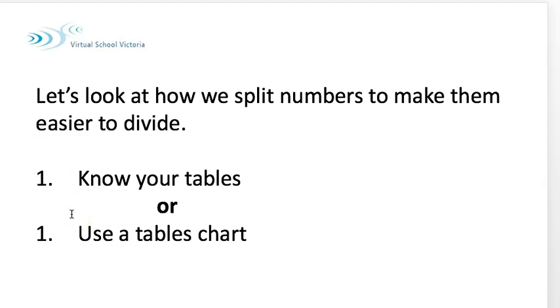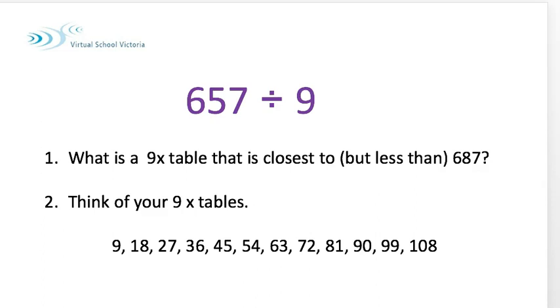Now, to do the division, you need to know your tables. If you don't know your tables, make sure you have a tables chart to show you where the answers are. Now let's start with a bit of a challenging one, 657 divided by 9.